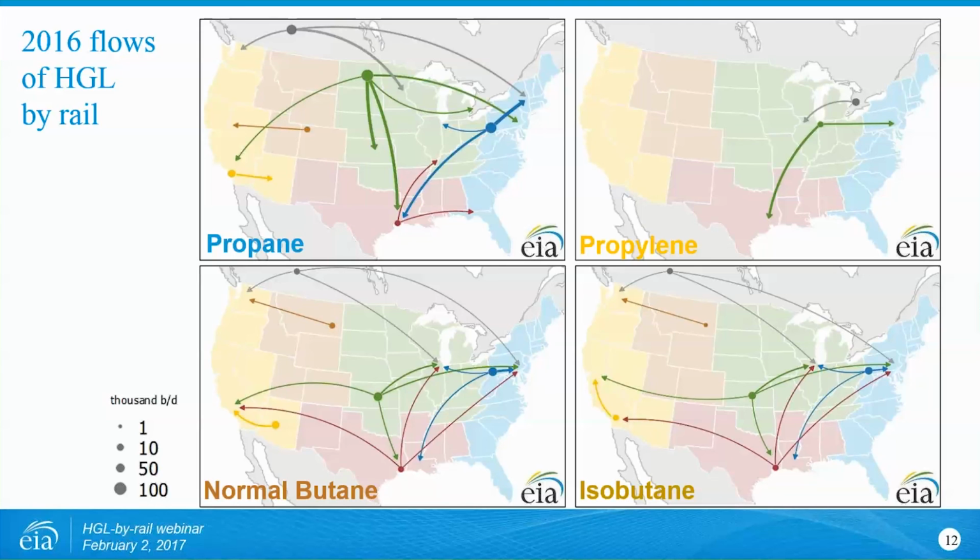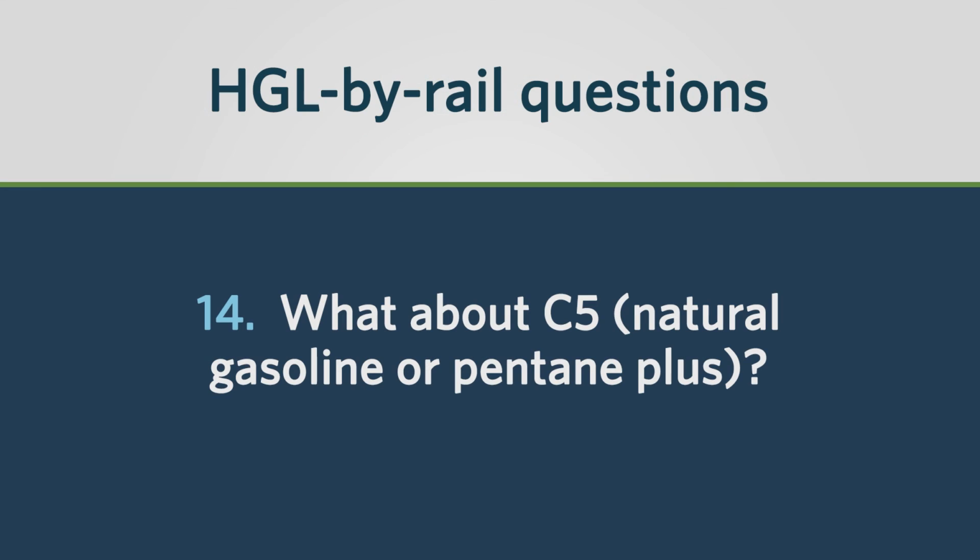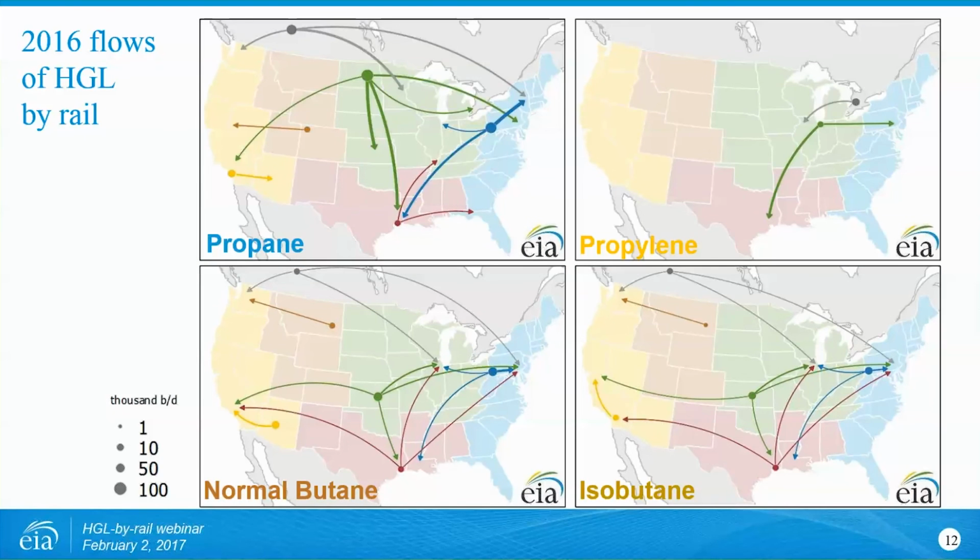Okay, somebody had asked about C5. For us, that's natural gasoline or pentanes plus. We had originally had every intention of including it, but what Warren found was that it was getting mixed in with some crude classifications when you started looking at how it was being produced by the STB.